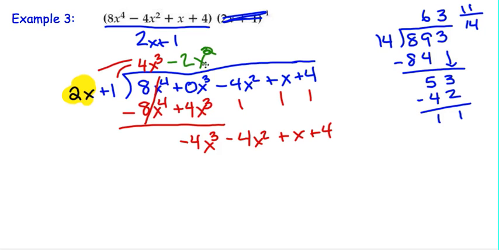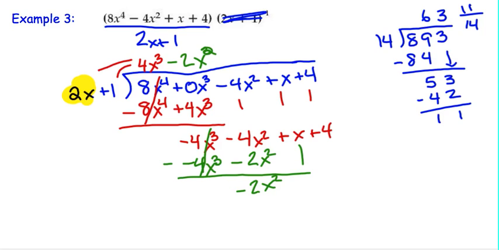So distribute this part, and I get negative 4x cubed minus 2x squared. Do my subtraction. These cancel. Negative 4 minus negative 2 is going to be negative 2x squared. Bring down my x and bring down my 4.